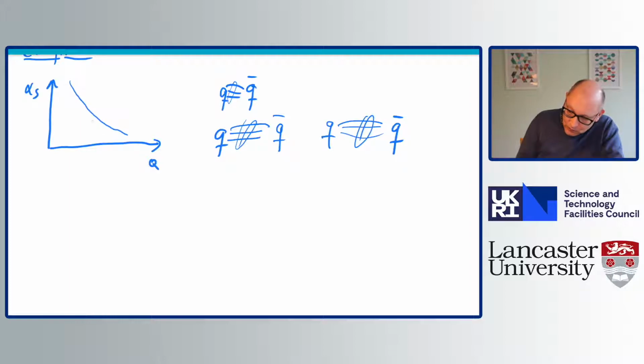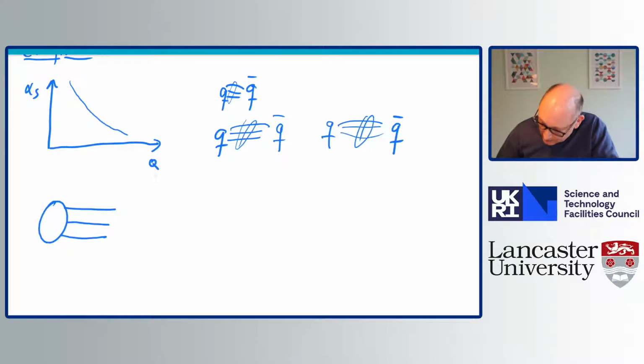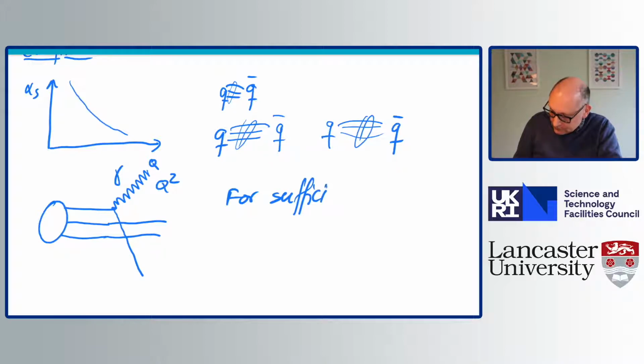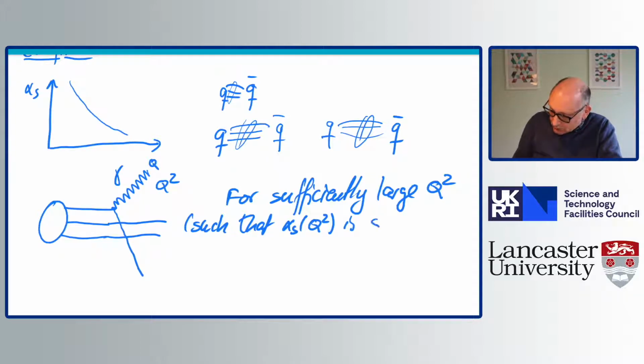A direct result of the weakening of the coupling with increasing Q squared is that for sufficiently large Q squared, if we hit a proton with a photon, for example, then the individually struck quark, so let's have a proton picture here with 3 quarks in, if we hit it with a photon of sufficiently large Q squared, then the individually struck quark, Q squared sufficiently large such that alpha S of Q squared is small.